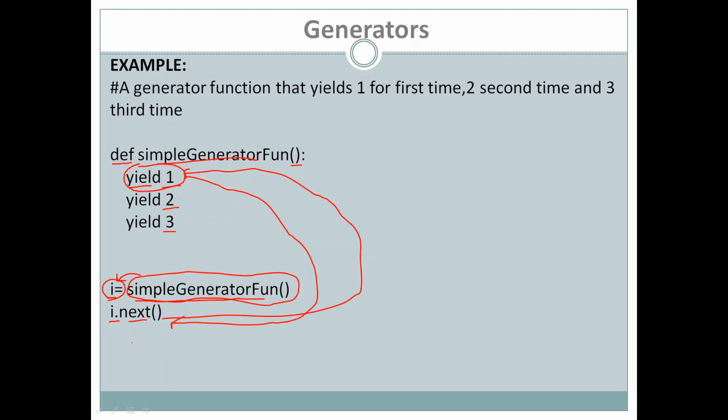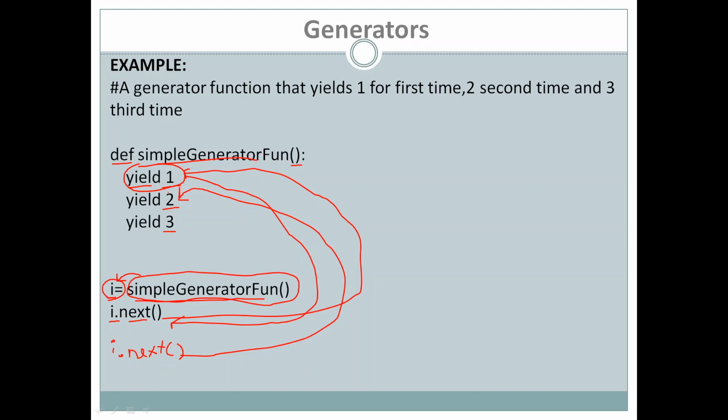But again, if I try to call next here, if I say i.next again, then again it will make a call to the function, but this time it will not call the first statement because the state of the function is still saved, so it will go to the next statement.